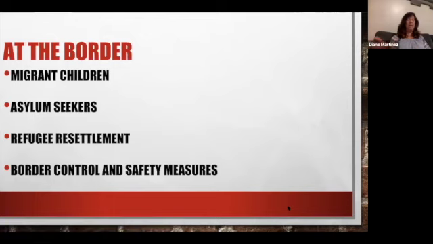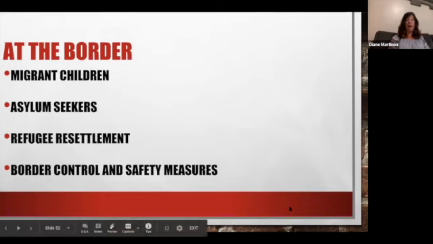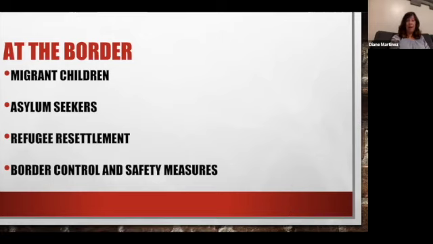They're only supposed to be there 72 hours, and then they're supposed to be turned over to the custody of Health and Human Services. However, that hasn't been happening as fast, and Health and Human Services has something like 13,000 places in shelters for children.